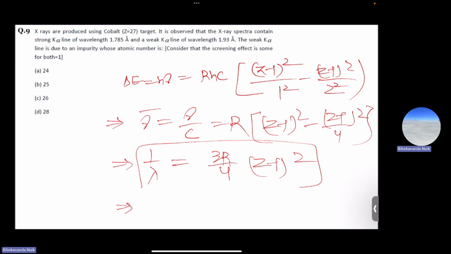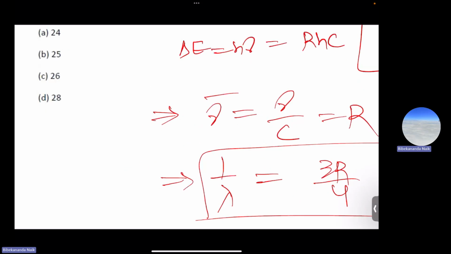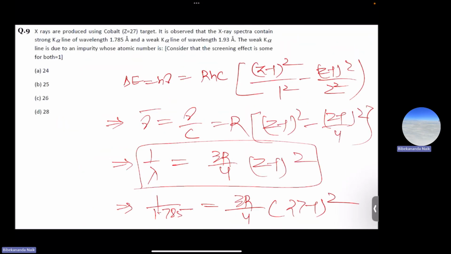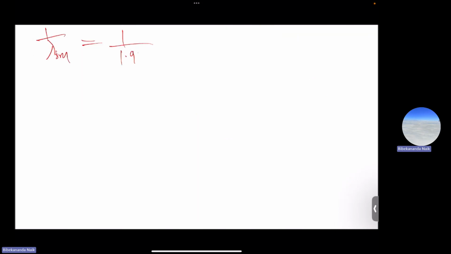So here 1.785 corresponds to Z equal to 27. So 1 by 1.785 corresponds to 3R by 4 (27 minus 1) square. Similarly, for the impurity, 1 by 1.93 is equal to 3R by 4 (Z minus 1) square.